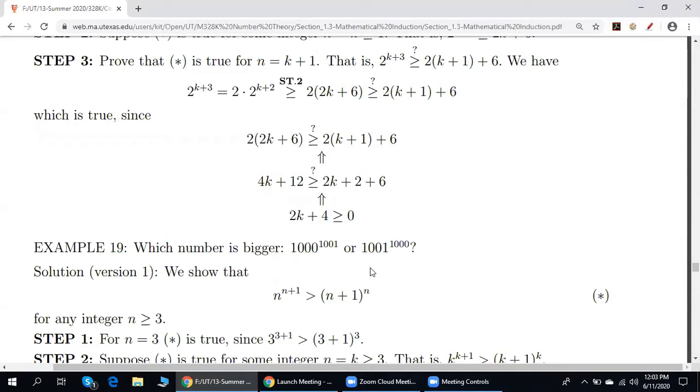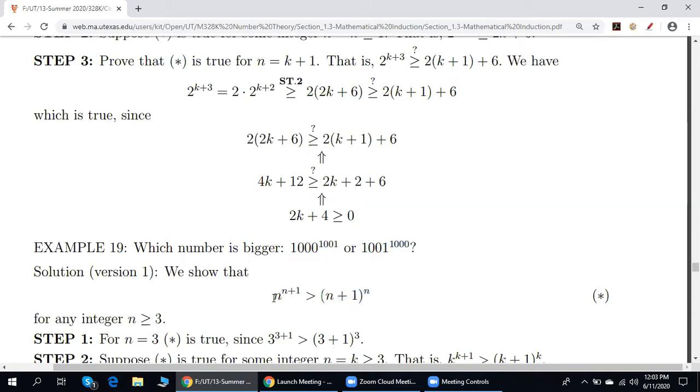Let us show that n to the n plus 1 is greater than n plus 1 to the n for any integer n greater or equal to 3. In particular, if n is 1000, the left-hand side becomes this, the right-hand side becomes this.